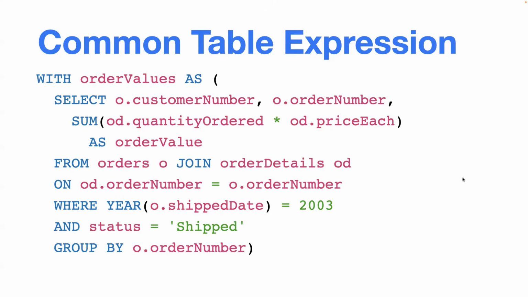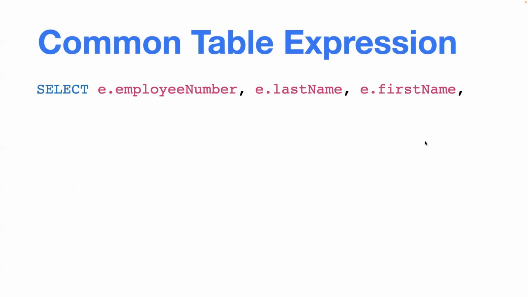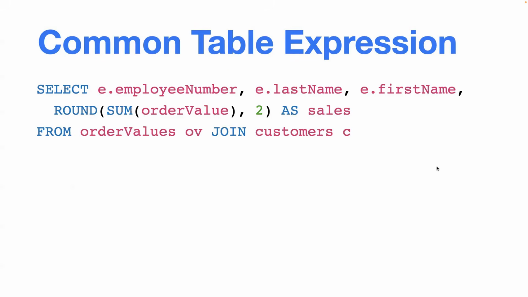So that was our common table expression. That's what we started with. Order values, the common table expression had the customer number, order number, and the order value. We could then use it in the next query. So this is all part of the same query where we selected the employee number, employee last name, employee first name, and then we took the sum of order values and we added that as sales.